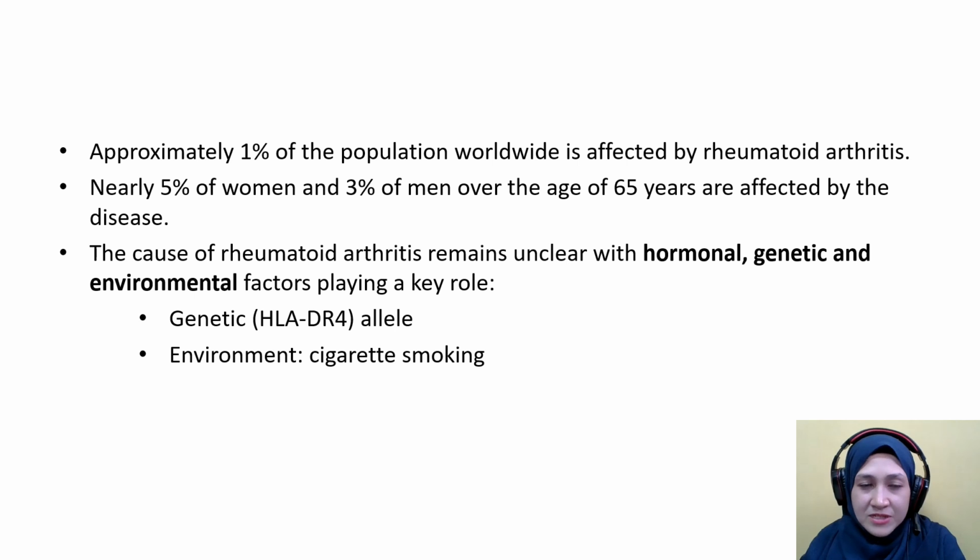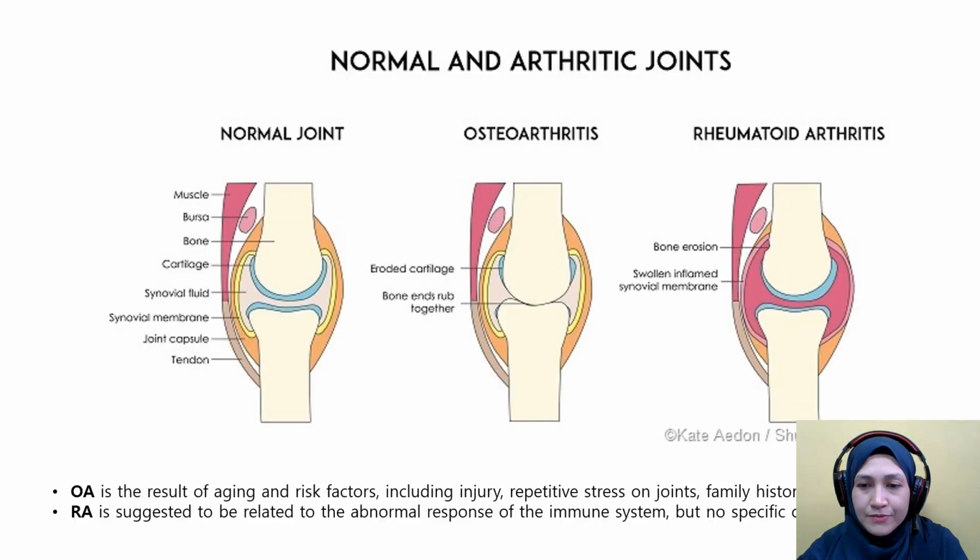For example, the gene HLA-DR4 is associated with the increased risk of getting RA, and also cigarette smoking can also increase the risk to get RA. So the picture here shows the difference between normal joints with the joints of osteoarthritis, and also patients with rheumatoid arthritis.